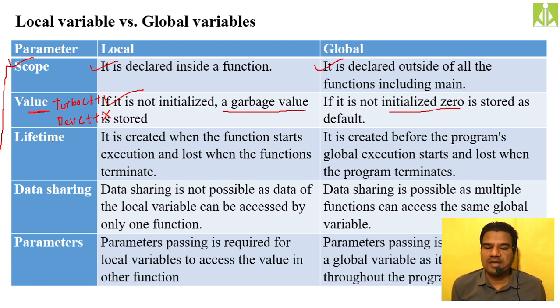Then we have the lifetime of local and global variables. A local variable is created when the function starts execution. As local variables are declared within the function, when the function starts its execution, they will be created, and lost when the function terminates.